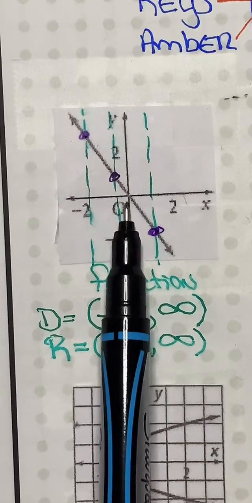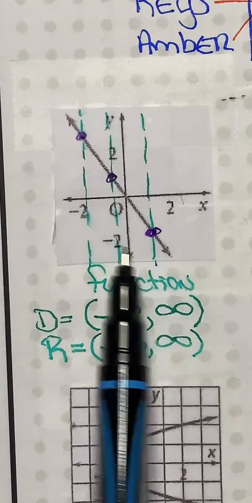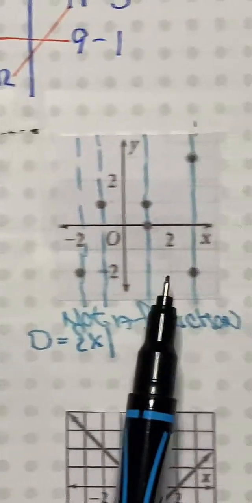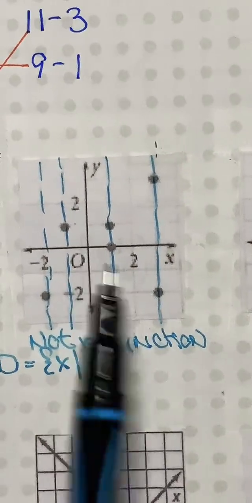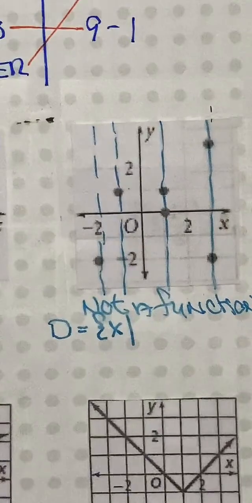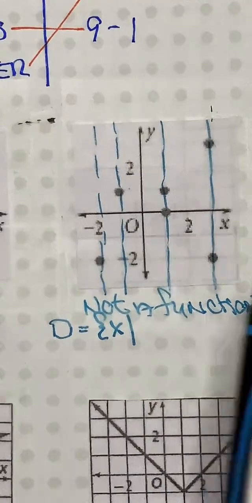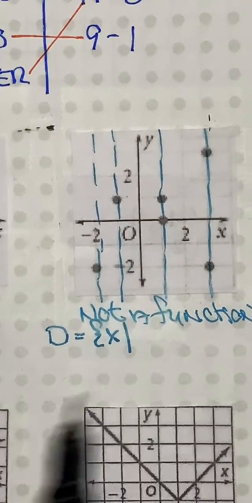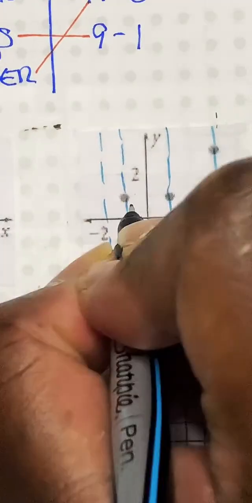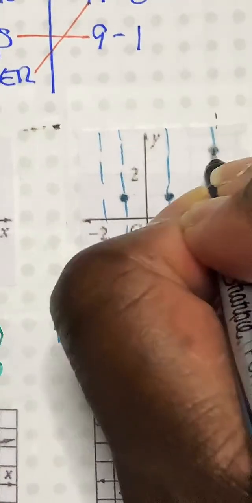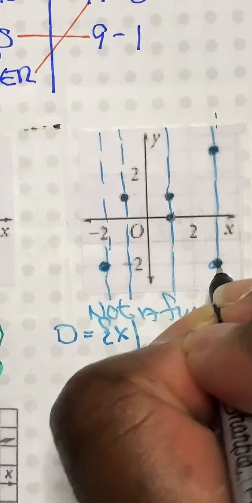I can pick numbers between 0 and 1. So that's a continuous graph. Whereas over here, we have what's called a discrete graph, meaning we only have these points. That's all we have. It's not connected. They're just random points, scatter plots.